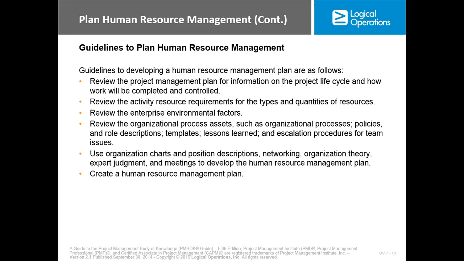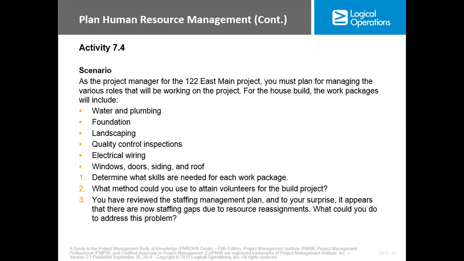Review the organizational process assets, such as organizational processes, policies, role descriptions, templates, lessons learned, and escalation procedures for team issues. Use organizational chart and position description, networking, organizational theory, expert judgment, and meetings to develop the human resource management plan. Then create the human resource management plan. This is a scenario, so you look at this and answer the questions that follow.